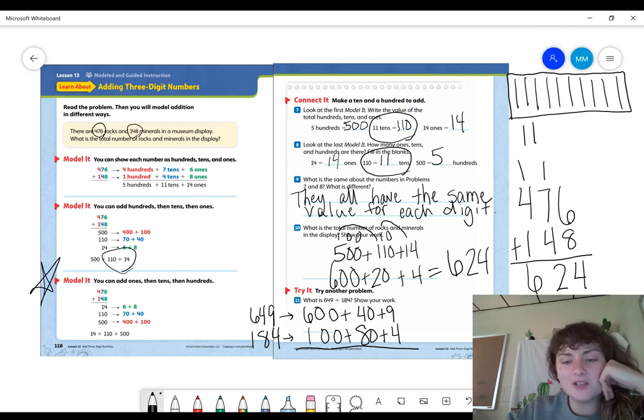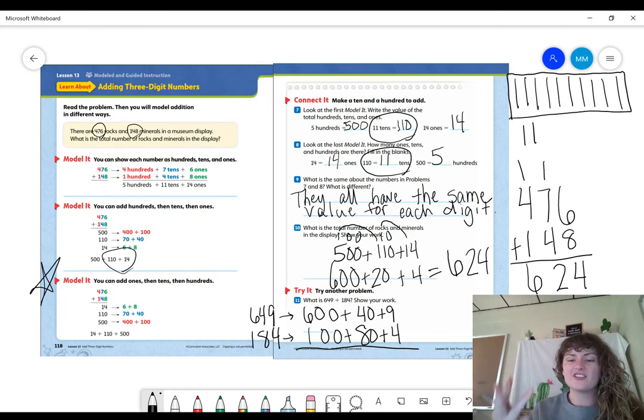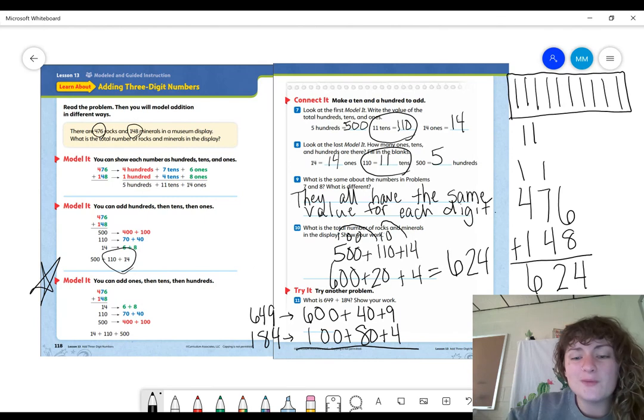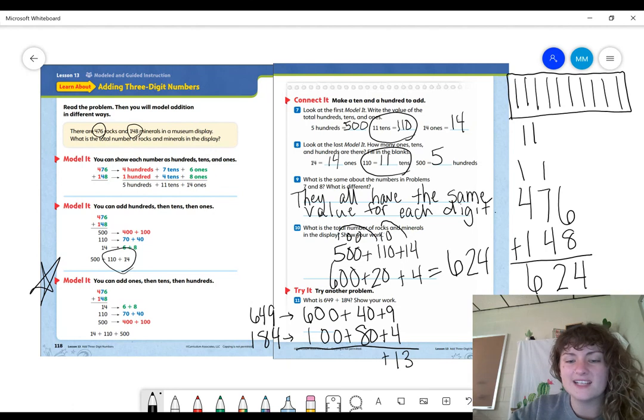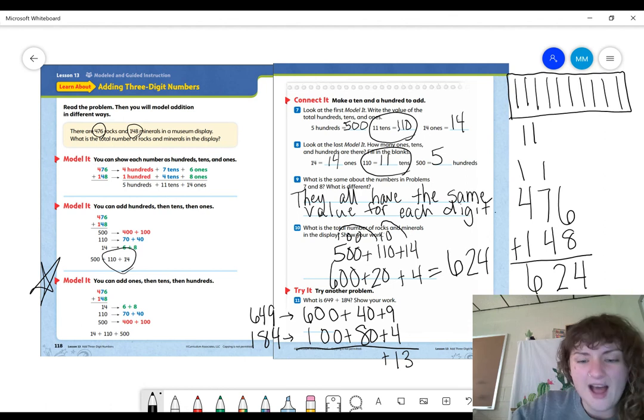What is 9 plus 4, Smarties? 9, 10, 11, 12, 13. So that would be 13 ones. Okay, so we're going to write that, but keep that filed in the back of your head. All right, now we're going to add 40 plus 80. So 4 10s plus 8 10s. 8, 9, 10, 11, 12. So we have 120. Oh, keep that in the back of your head.